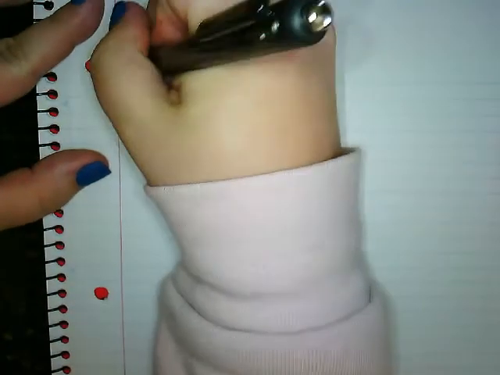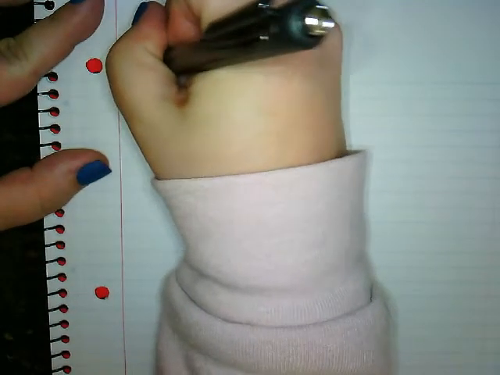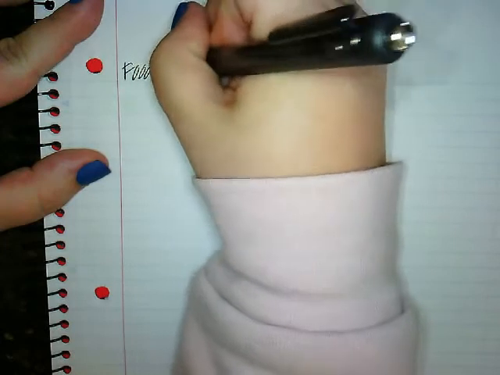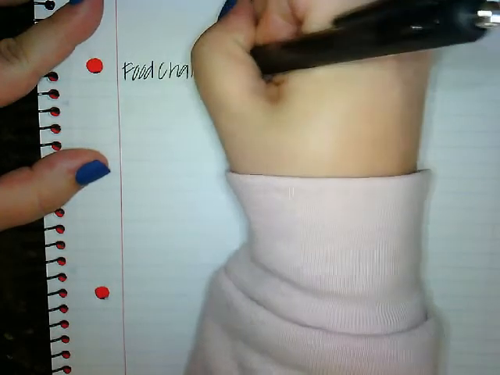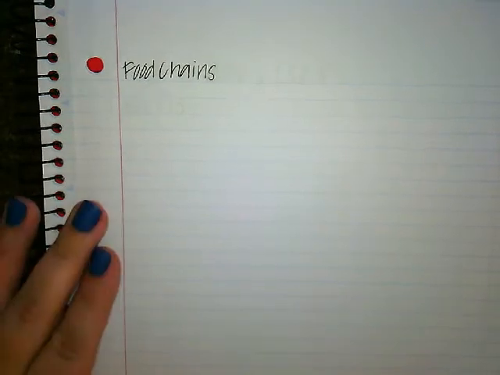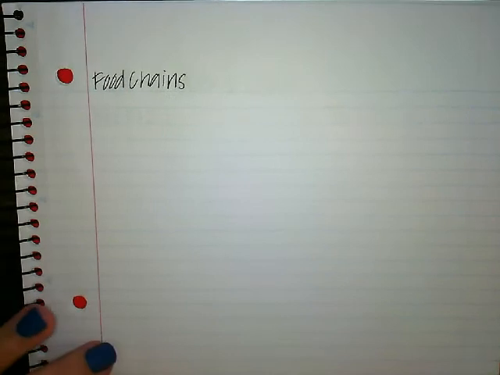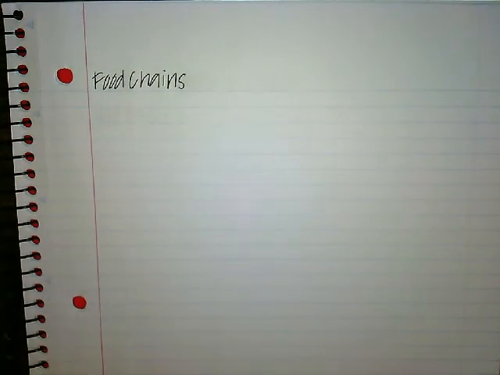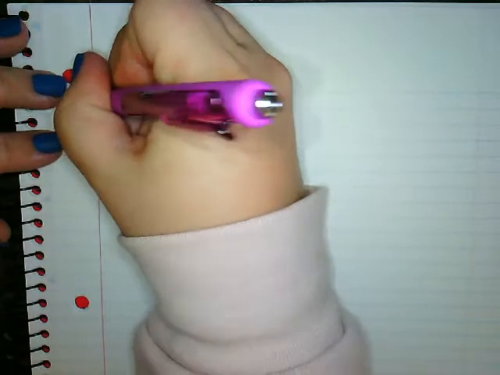And we are going to write food chains at the top of our page. Okay, and we're going to do some defining of different food chains. So a couple of things we need to write before we actually jump into our food chain is just a couple of notes that will help us as we move through.